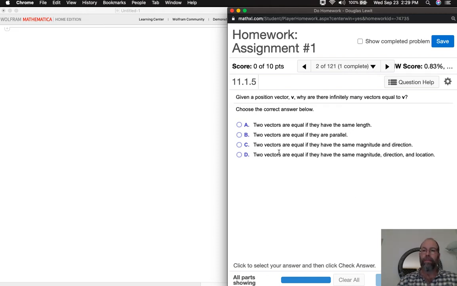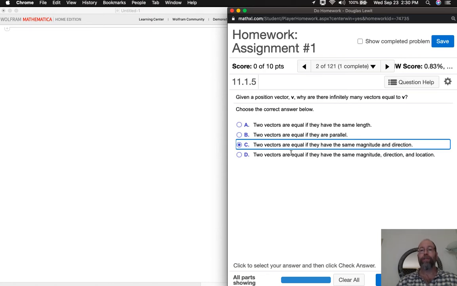So 2 vectors are equal if they have the same magnitude and direction, and that's going to be option C. Now be careful guys, it's option C in my version of the homework. In your version, it could be option A or B or D. These answers get shuffled around by Pearson's server.